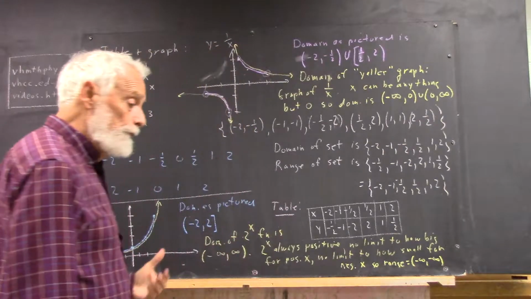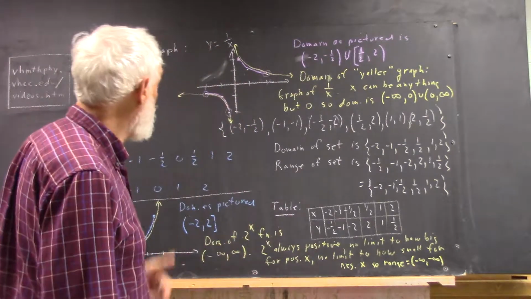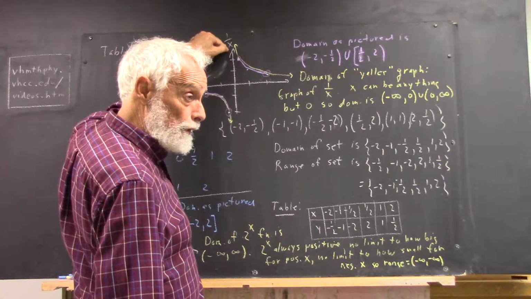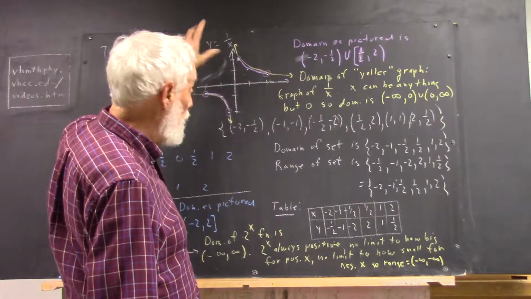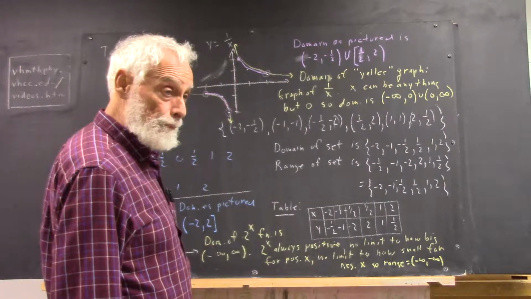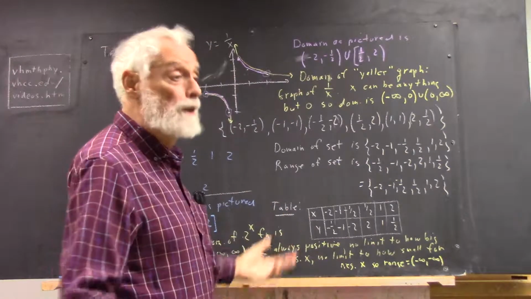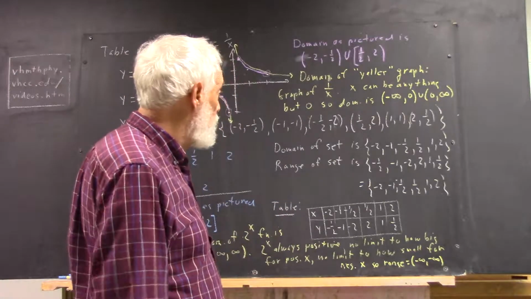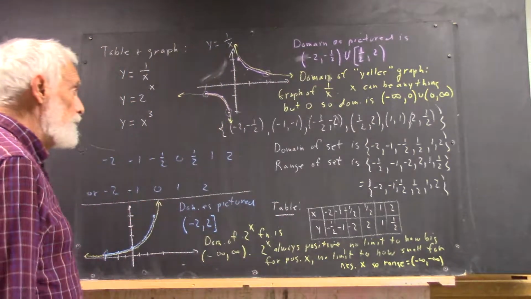That is, division by 0 is undefined, so if x equals 0, y is not defined. 1 over 0 is not defined, so you don't have a y, so you don't have a point. So that x value isn't in the domain, and there's no y value in the range that corresponds to it. We'll talk about range in a minute.